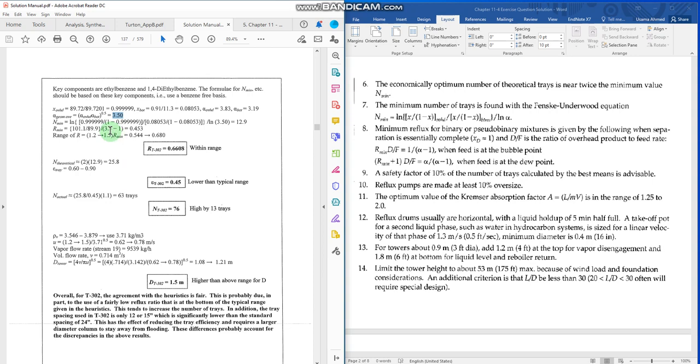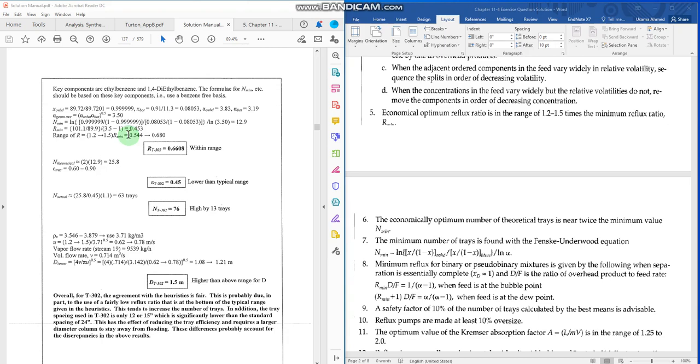So you know the value for the feed stream, the inlet stream, and the value for the distillate stream, then you have the value 3.5 for alpha minus 1. So the minimum reflux that you can calculate here could be 0.453.